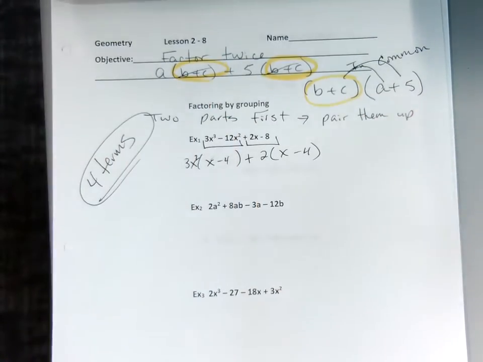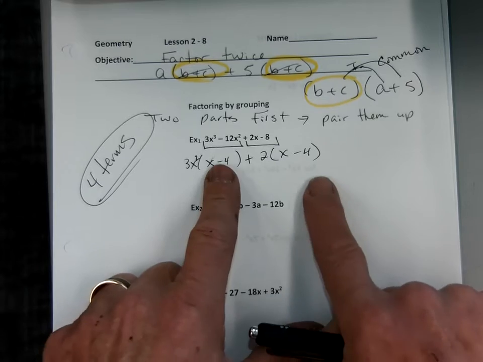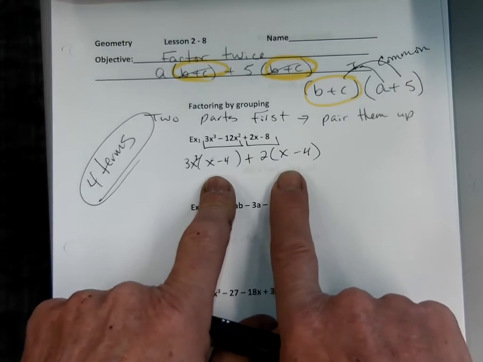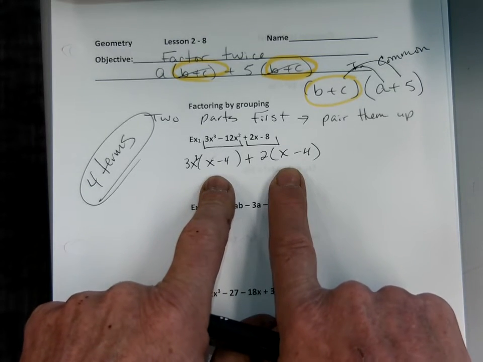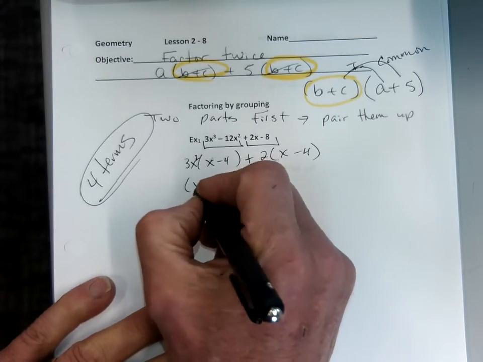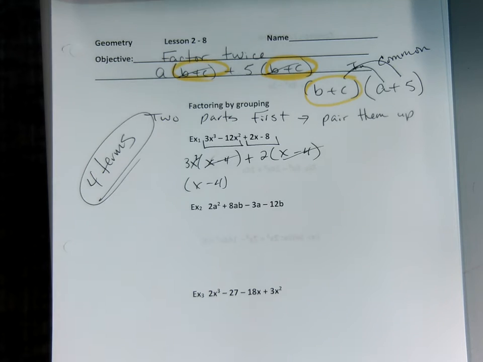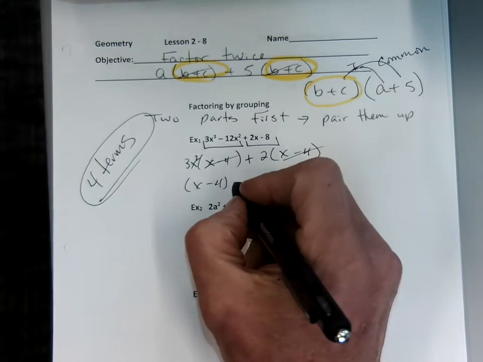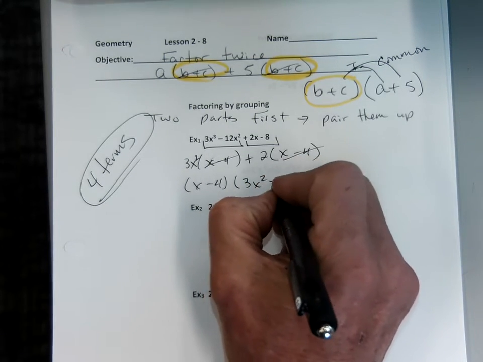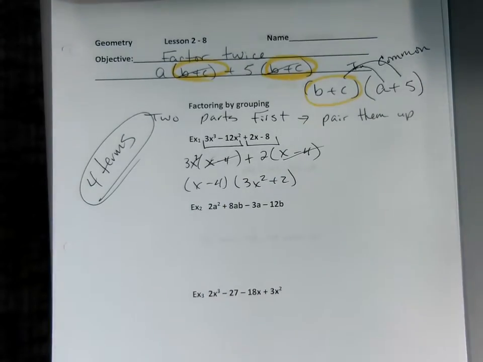Okay, now, what do the 2 pairs have in common? So I'm going to take out the x minus 4. Now, I like to cross it out so I don't get confused. That's just my method. And what's left over? That's our answer. Okay, it's different. You haven't seen this type before.